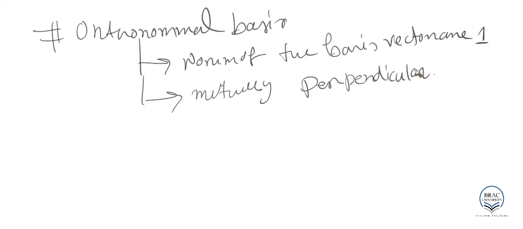And notice that this whole thing is similar to the vectors we see in Cartesian 3D or 2D coordinates and so on. And using this idea of orthonormal basis, we can write down the expansion of a vector in terms of them.